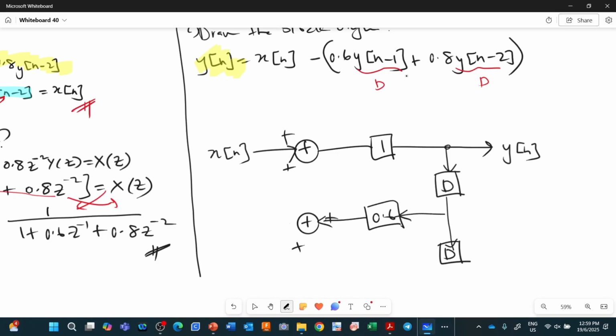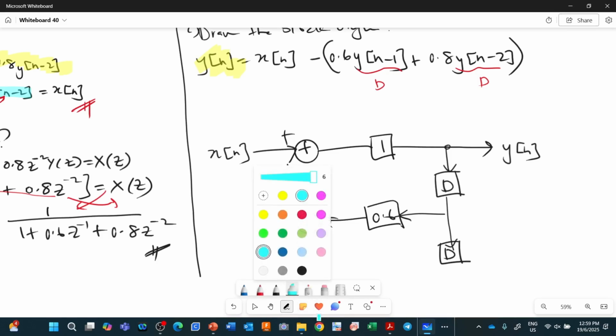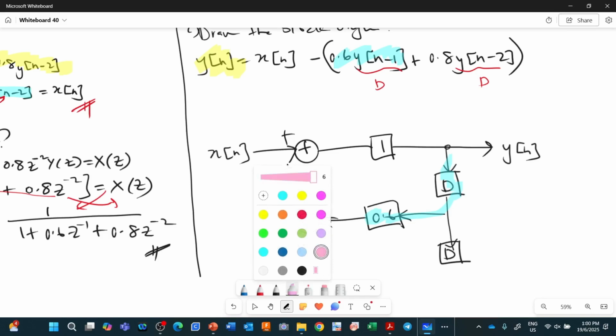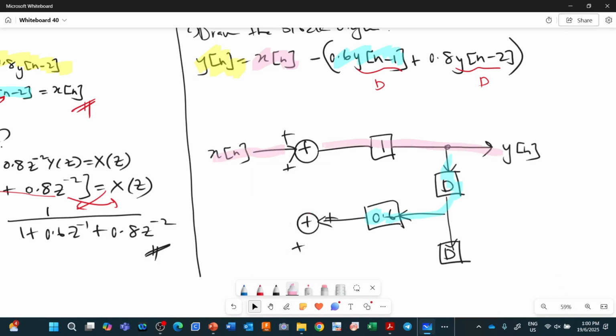So we are actually plotting this. We just change color. This one, the blue one, we are plotting this one. The pink one is where I'm plotting this one. Next we have 0.8 yn minus 2, which means there are two delays, right?